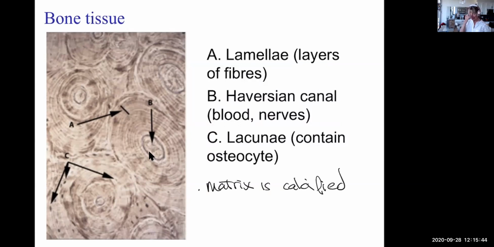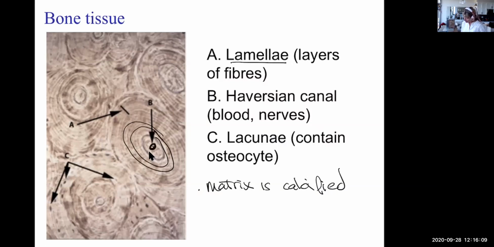It's a mineral matrix. The lamellae are layers of this matrix. Concentric layers like that. Those are all layers of the matrix as it's laid down by the cell.